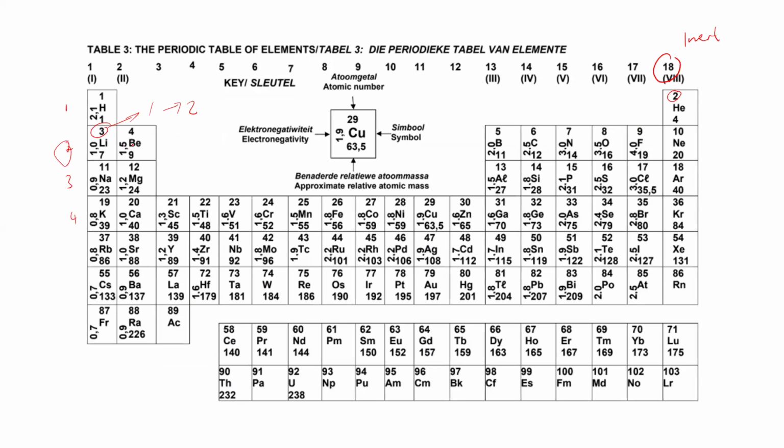Even the hydrogen atom. Recall that the hydrogen atom can behave as a metal and a non-metal. Hydrogen is a non-metal, but it is found in group 1. Being a non-metal, it can accept the electron. Being in group 1, it behaves as a metal and can donate the electron. When it donates the electron, it becomes what you call a proton.